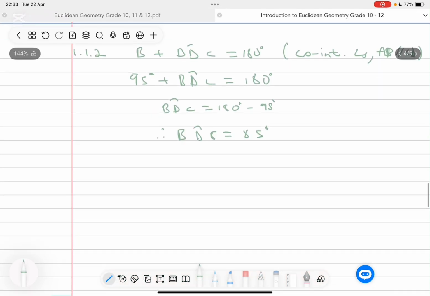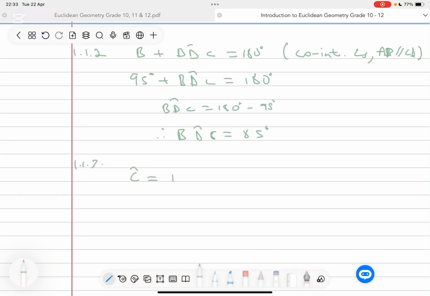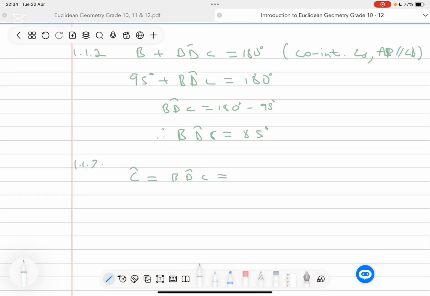So now, to answer this question, I'll say 1.1.3. I would say here that angle C, which is what we are looking for, is exactly the same as angle BDC, and they must be equal to this 85 that we calculated here.